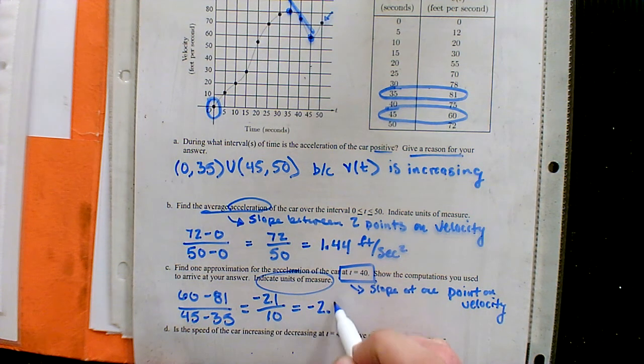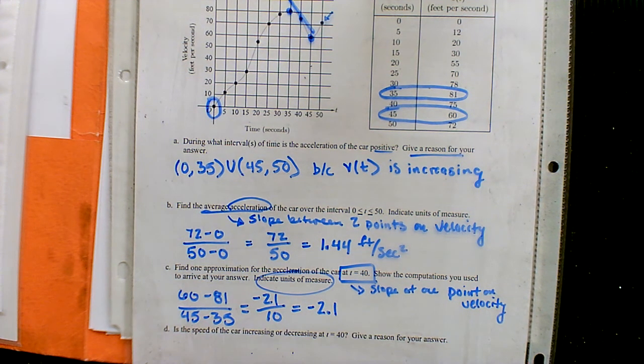So negative 2.1 as a decimal. Can we throw units on it? This is another acceleration, right? It's the acceleration at a point. Okay, so it still has the same units. Looking good.